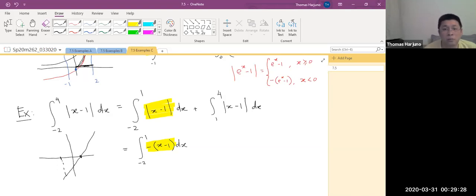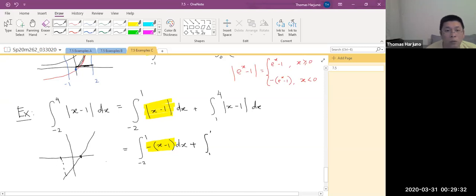While between 1 and 4, the graph of x minus 1 is above the x-axis. So I can take away the absolute sign for free because the guy inside the absolute sign is already positive.